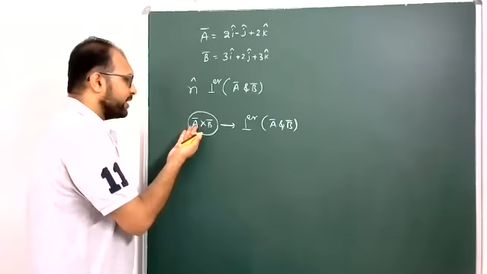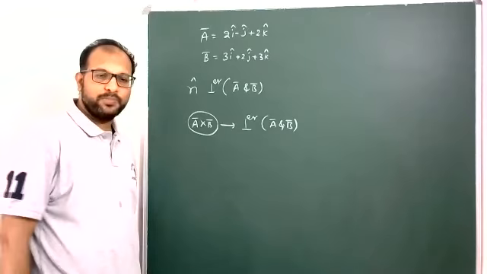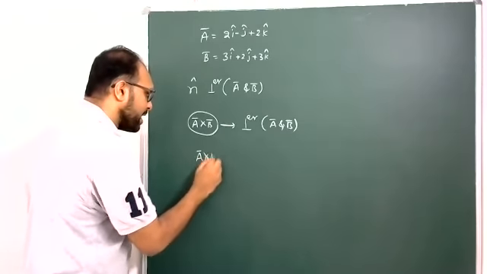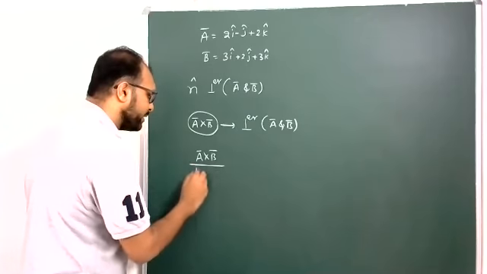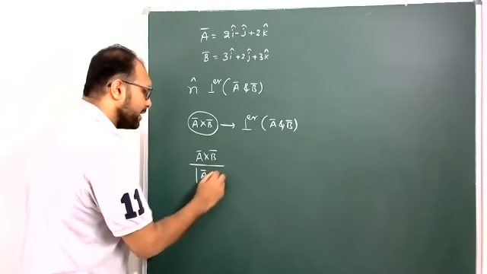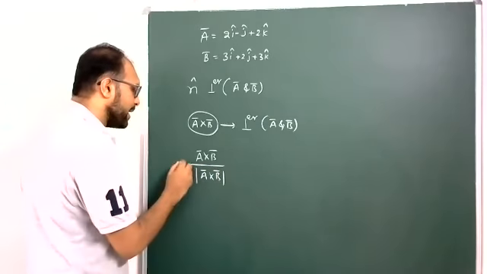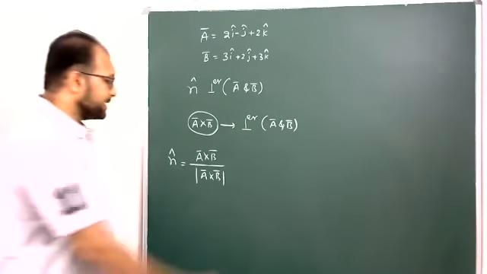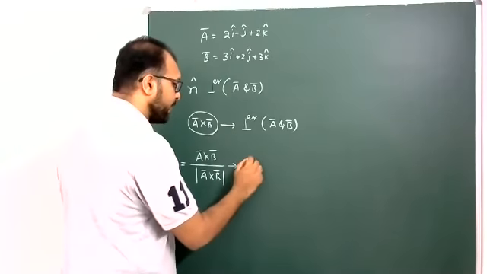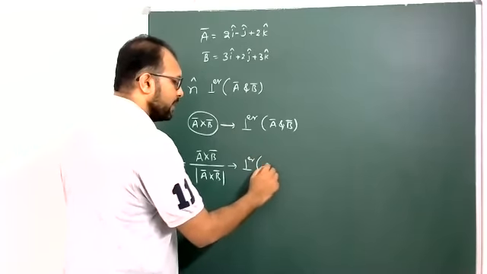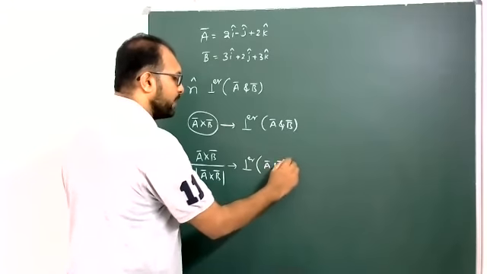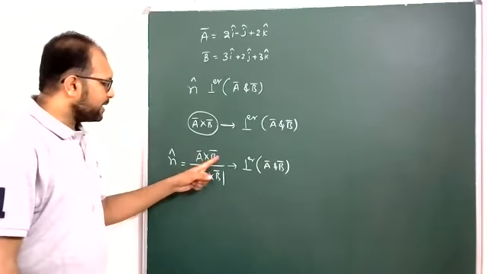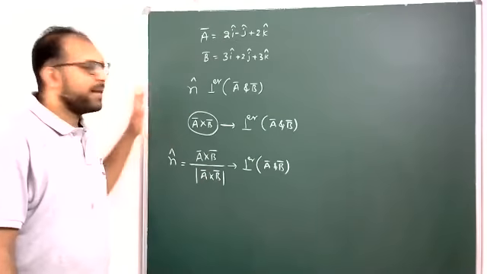So the unit vector along A bar cross B bar is A bar cross B bar divided by modulus of A bar cross B bar. This unit vector is perpendicular to both A bar and B bar.